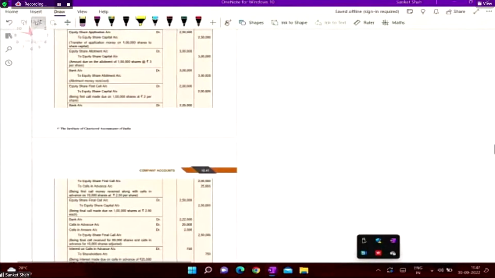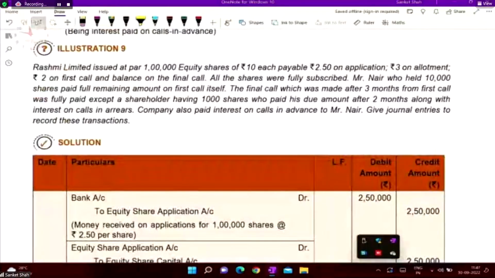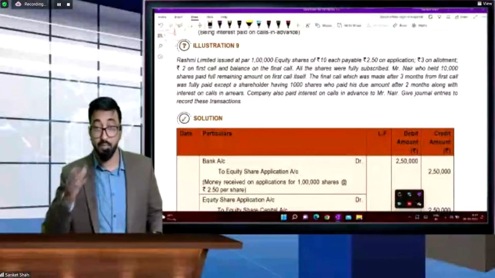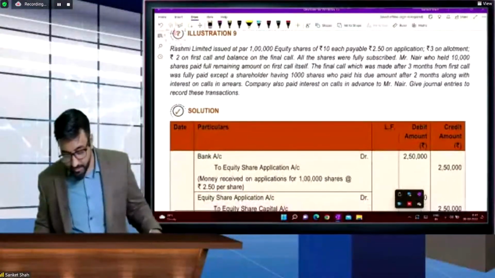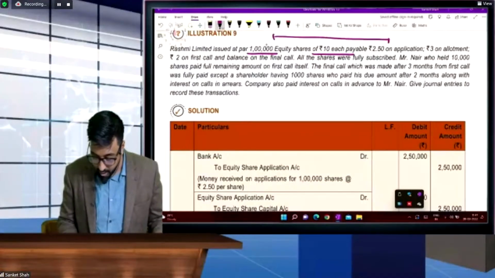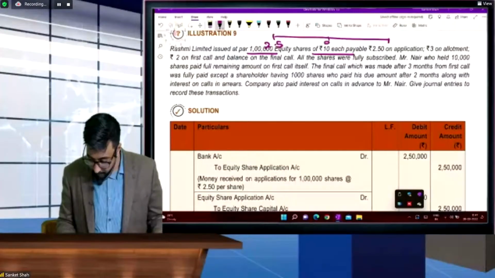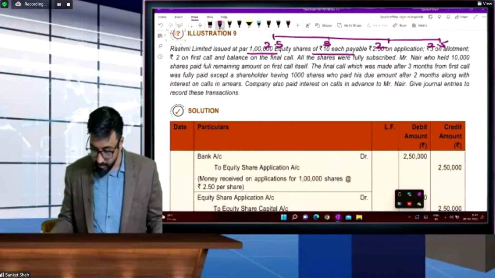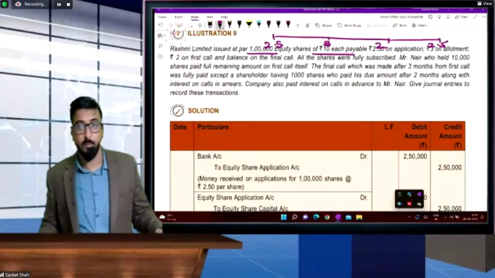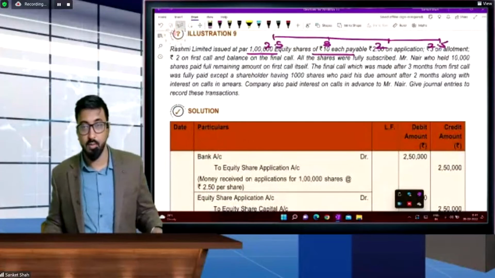Let's come to illustration number 9. Beta, Rashmi Limited issued 1 lakh equity shares of 10 each payable 2.5 on application, 3 on allotment, 2 and 2.5.